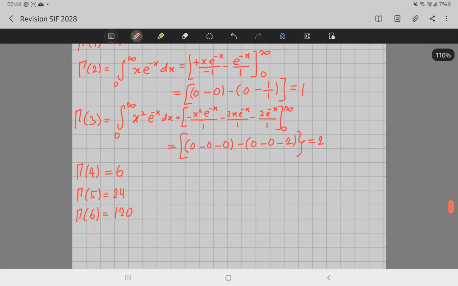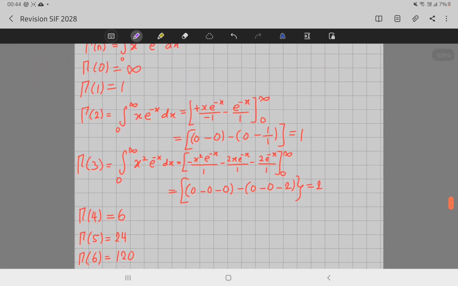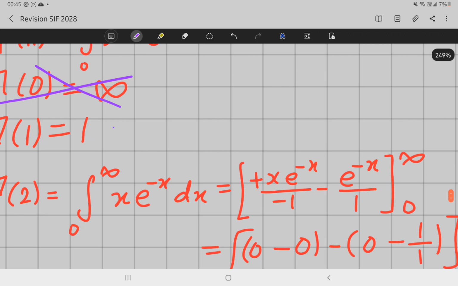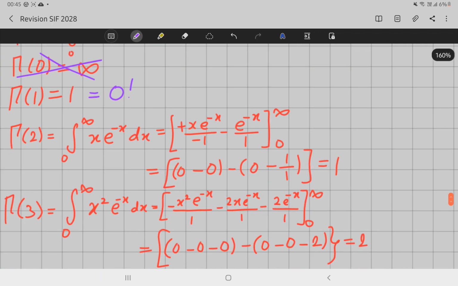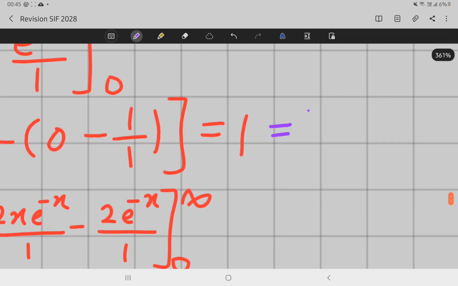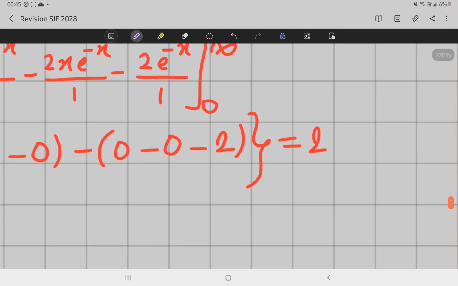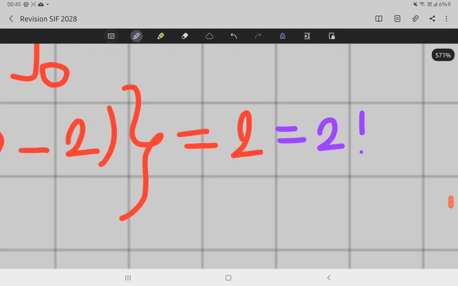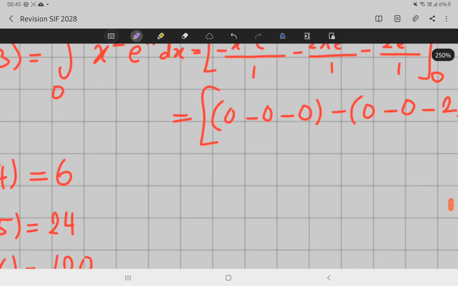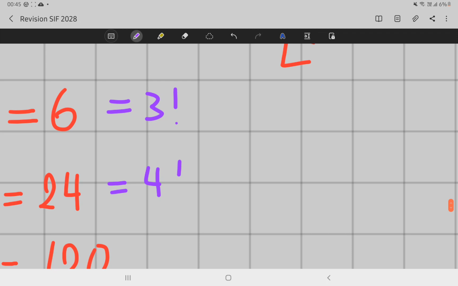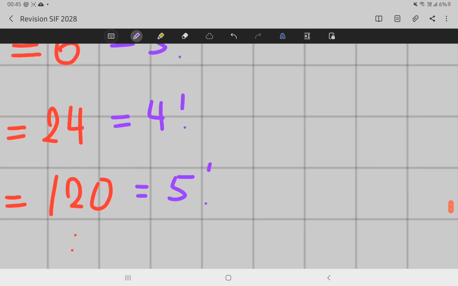If you realize the pattern, gamma of 1 is 1, which is 0 factorial. Gamma of 2 is 1, which is 1 factorial. Gamma of 3 is 2, which is 2 factorial. Gamma of 4 is 6, which is 3 factorial. This is 4 factorial, and this is 5 factorial.